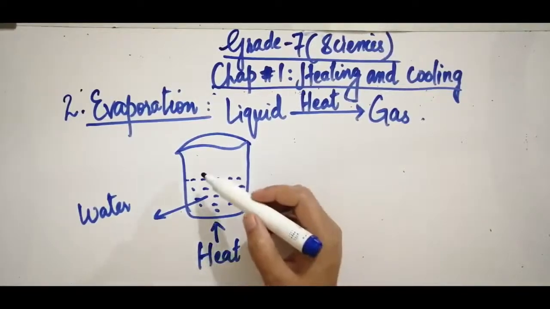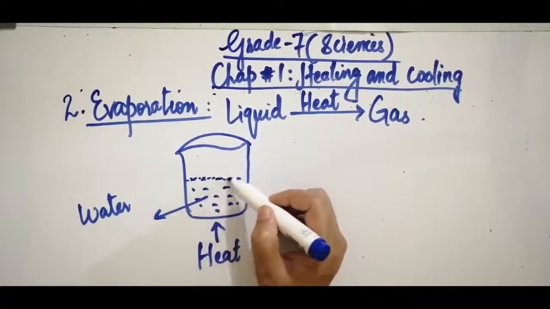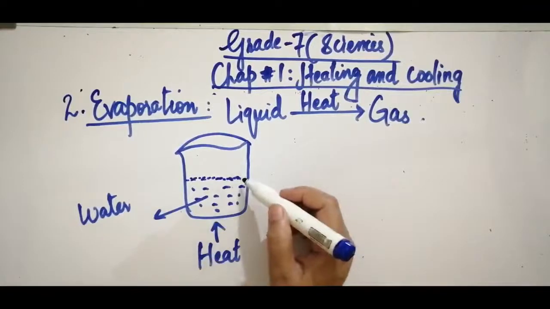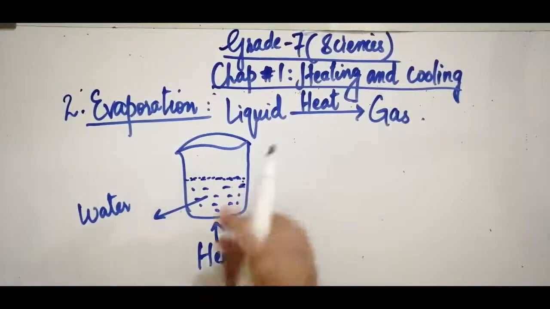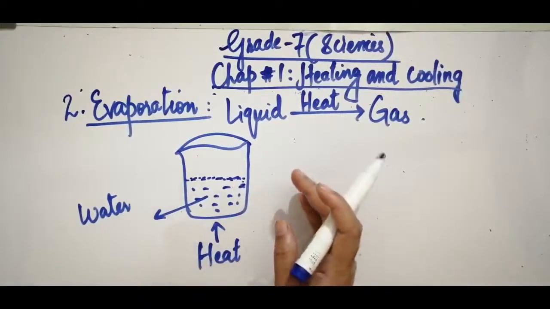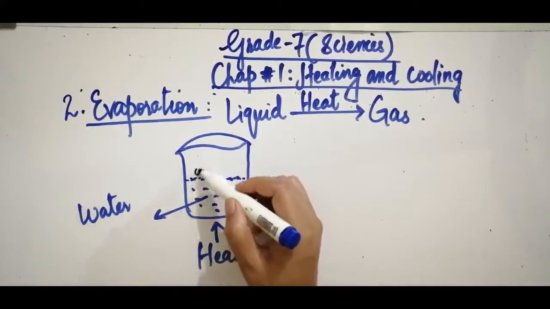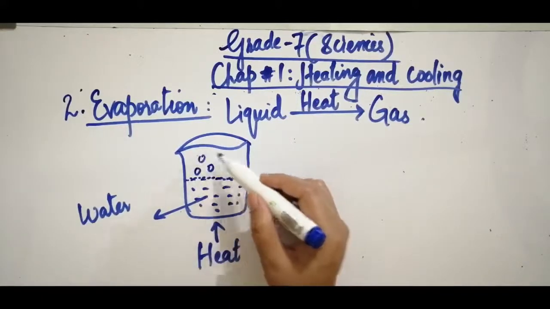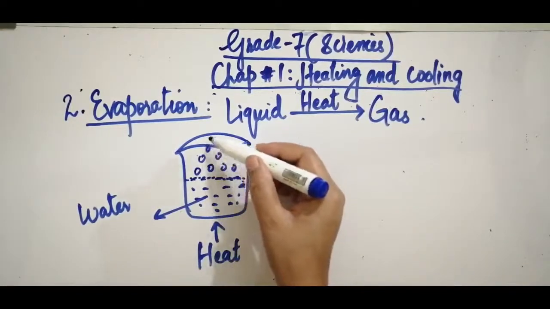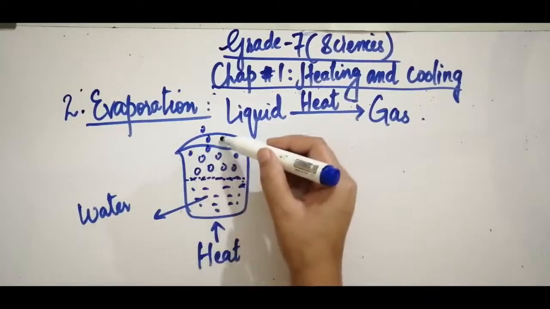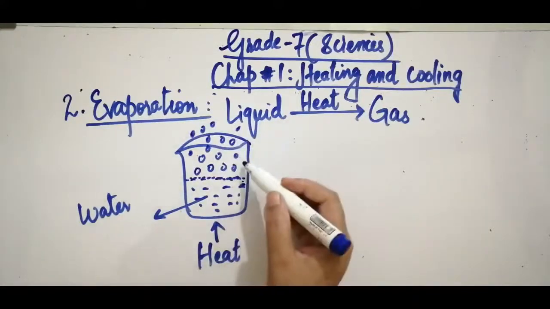After some time you will notice that at the surface of this water, some of the molecules of water will start to move faster, and they will leave the surface and move out of the beaker into the air. But they are not visible to us.